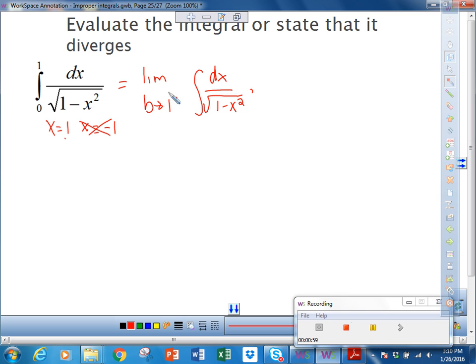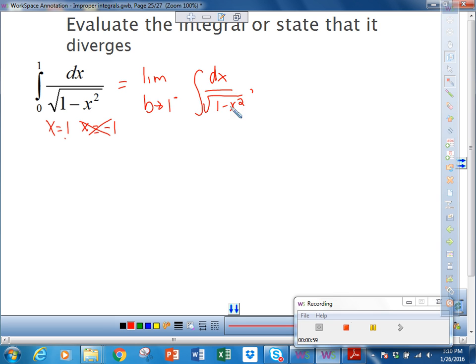Now, you may ask, why do I take 1 from the left? Well, the reason is because I'm coming into this integral from 0 to 1. So I'm looking at numbers to the left of 1. Okay, so I'm looking at 0.1, 0.2, 0.3, numbers to the left of 1. So that's why I'm taking the limit as it approaches 1 from the left.